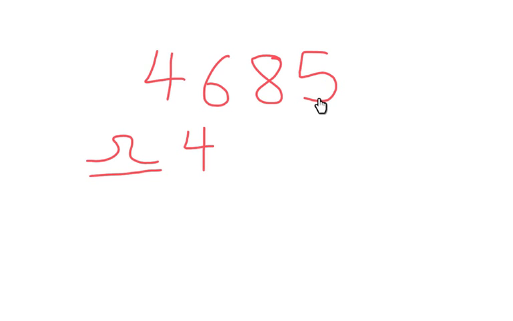Since it's up to 5, it adds 1 to this, making it 9 tens. Since the 9 tens is above 5 also, it adds 1 to 600, making it 700. So 4,685 corrected to the nearest 100 gives 4,700.